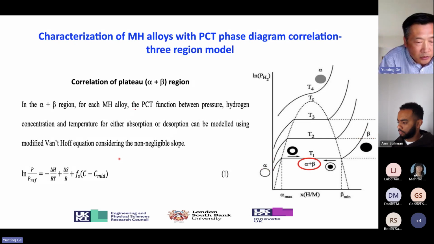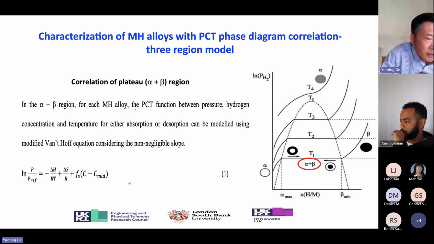Similarly for the alpha region, you can see some coefficients, such as the reaction enthalpy, reaction entropy, the median value of the concentration, and also the slope factor. All these coefficients will be correlated when the model simulation result is compared with the corresponding measurement.